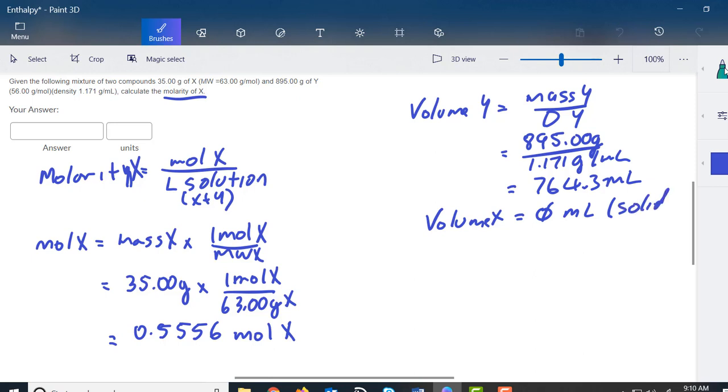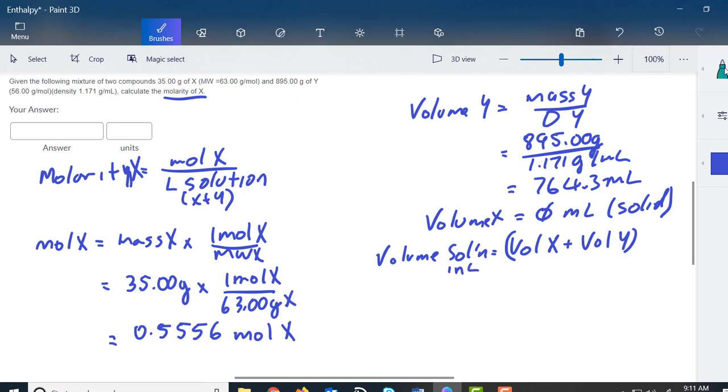Now keep in mind, if X wasn't a solid, you would have to actually account for this volume in the solution, because the solution is going to be the volume of X plus the volume of Y. In this case, X is a solid, so we don't have to be concerned about that. The volume of the solution now then is going to be the volume of X plus the volume of Y. And we're going to find this in liters.